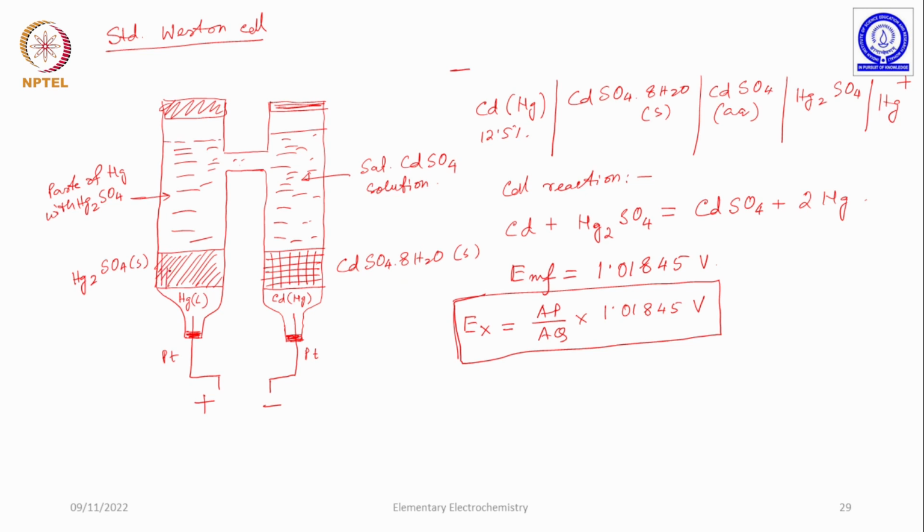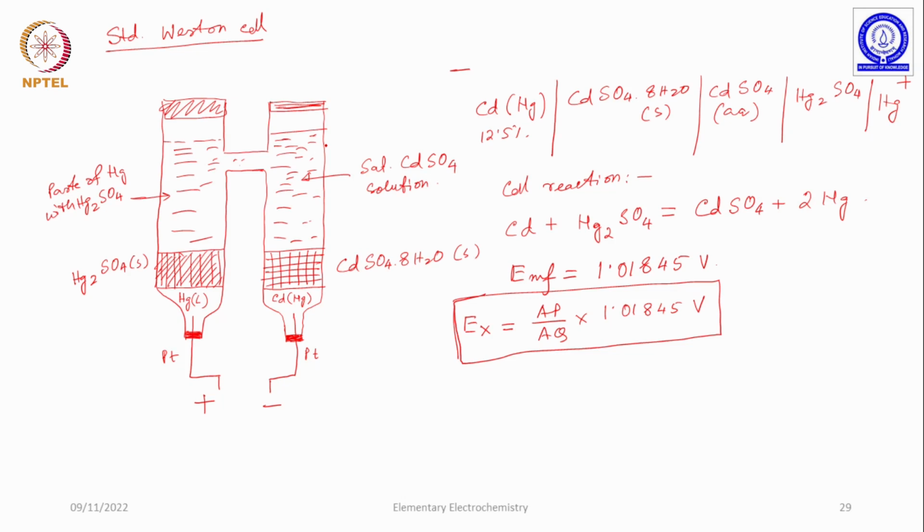I must tell you that this cell is also not very easy to handle, because this has liquid mercury, cadmium amalgam, etc. But it is easier than handling the standard hydrogen electrode, and hence this Weston cell is widely used to determine the EMF of an unknown cell that you may make. So, with this you can solve a few problems.